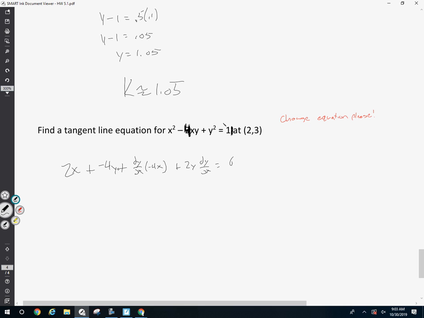Subtract the 2x, add the 4y. Factor out the dy dx. I'll show all the steps.